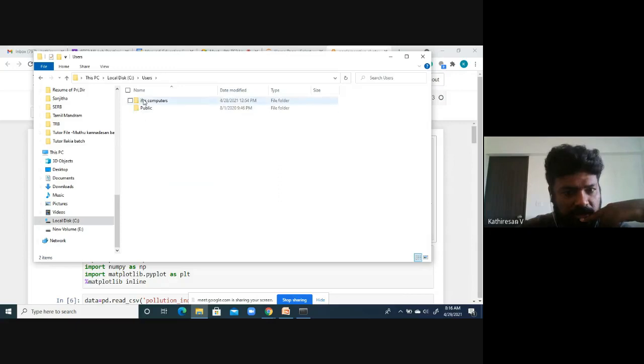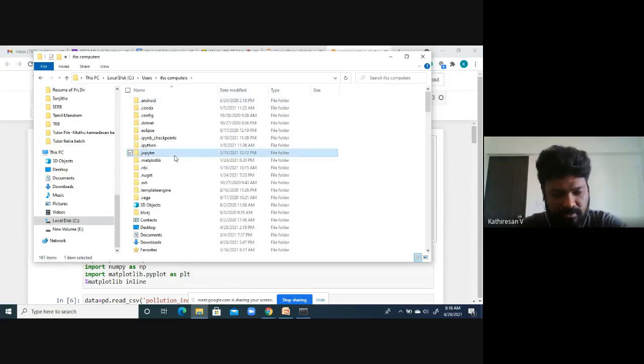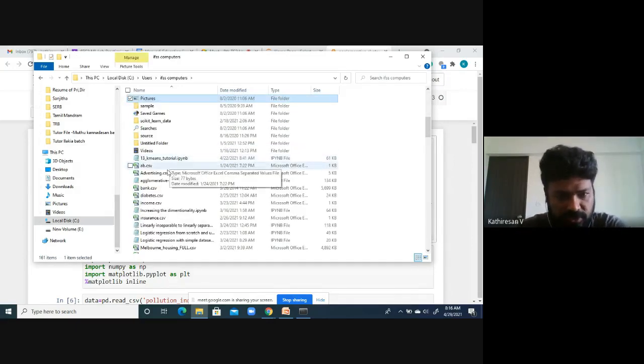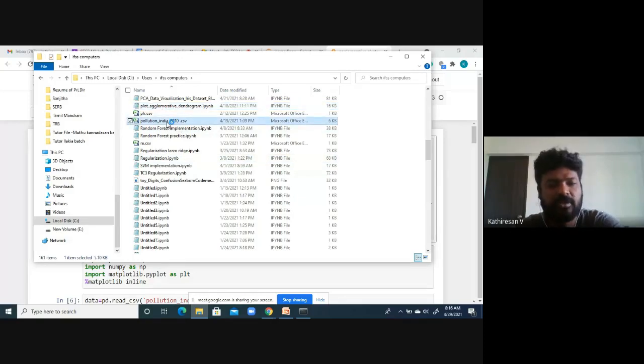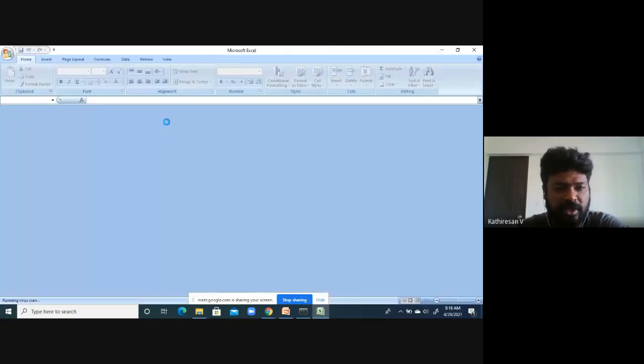Yeah. Okay. So this is the data, Pollution India 2010.